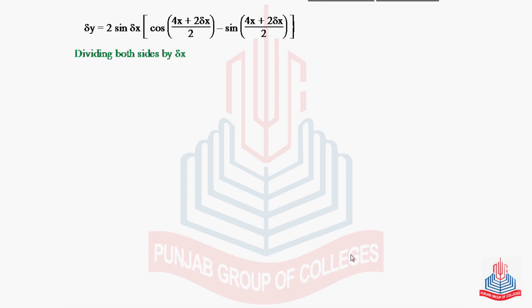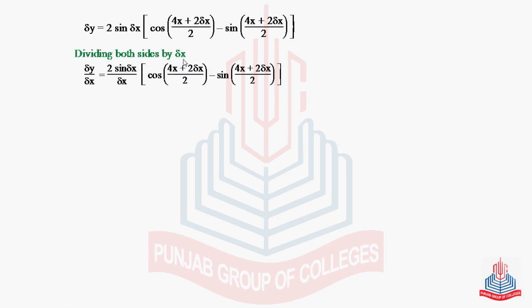So after simplification, this will become like this, and then dividing both sides by delta x will take the form delta y by delta x on left hand side, and on right hand side this sine delta x over delta x, as we discussed in our first two steps, that this delta x must divide the sine portion. So that formula will be completed by limit delta x approaches to 0 sine x divided by x.